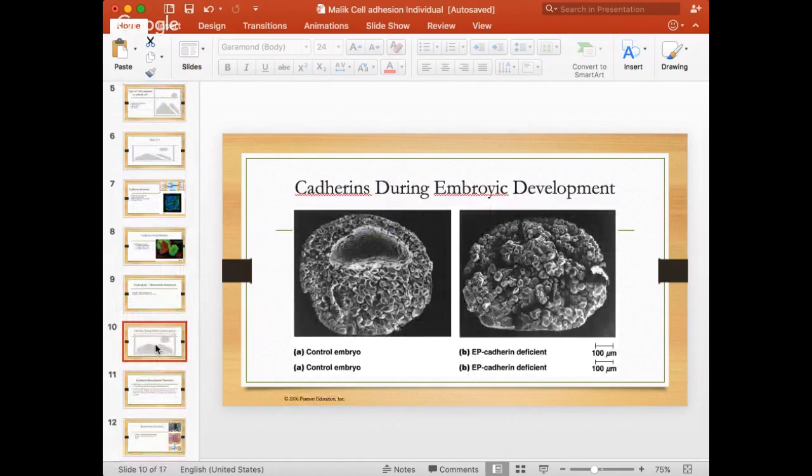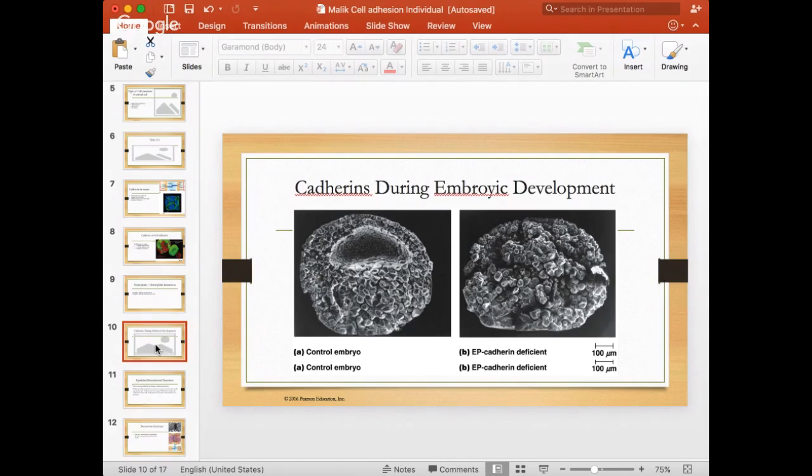So we do have the cadherins during embryonic development. In this figure, you see the breakdown of embryonic development, where the dynamic assembly and disassembly of cadherins are tightly regulated.